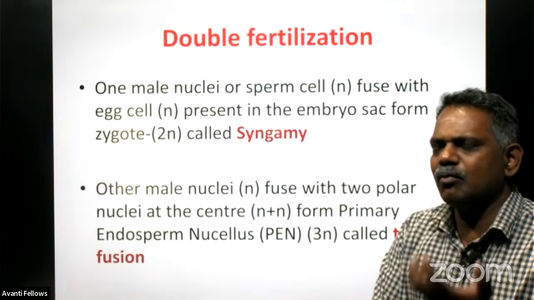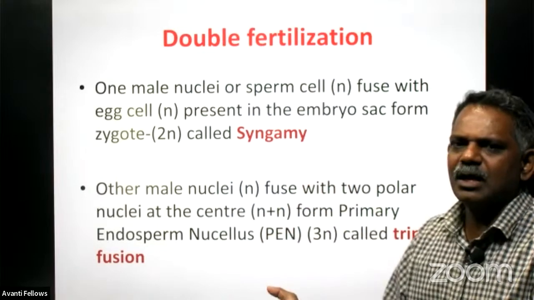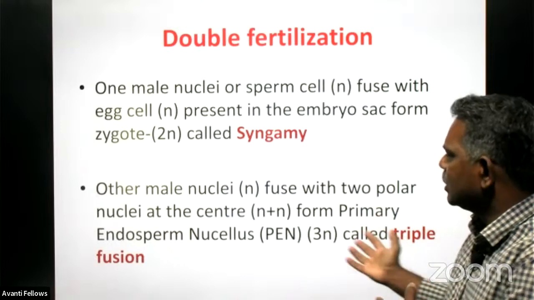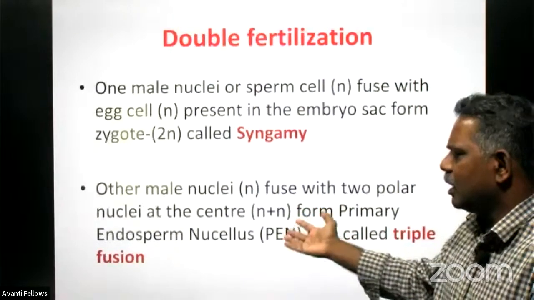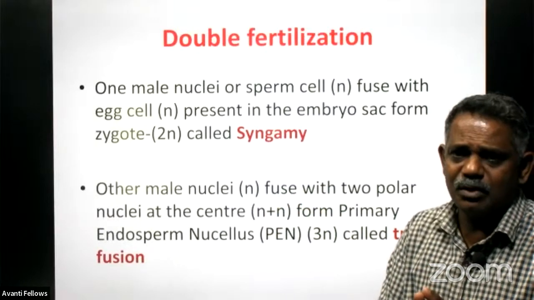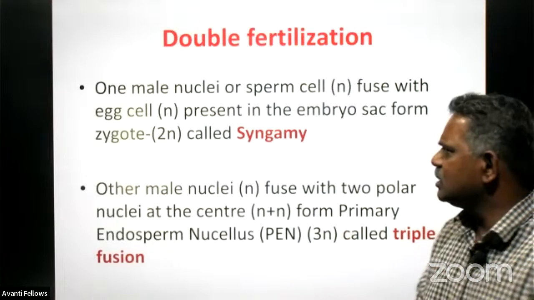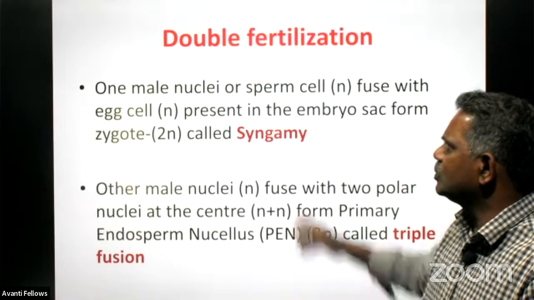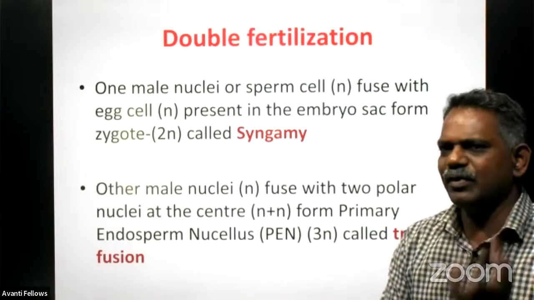One is the fusion of a male nucleus with the egg cell, which we call syngamy. Another is the fusion of another male nucleus with the polar nuclei present at the center of the embryo sac, and we call it triple fusion. There are two events here, syngamy and triple fusion. That is why we call it double fertilization.